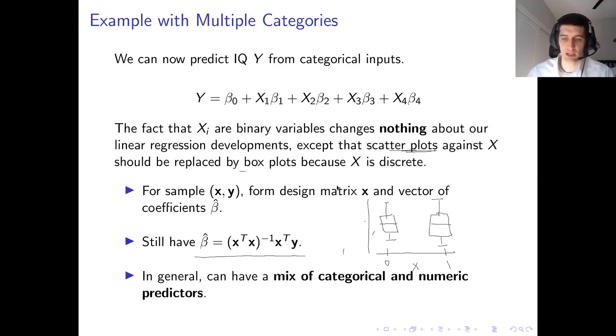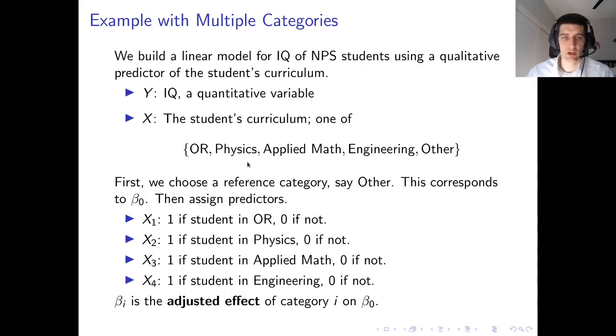So we could add another predictor here in this IQ problem which we've been discussing, say a second predictor which is not just the student's curriculum but the student's age, for example. We could have age and curriculum, just keep age as we usually would. It's quantitative, it has a slope attached to it, some beta, and then encode the categorical predictor in this binary format.